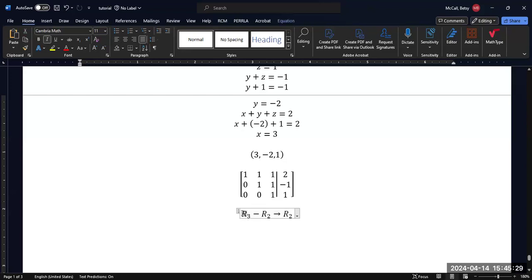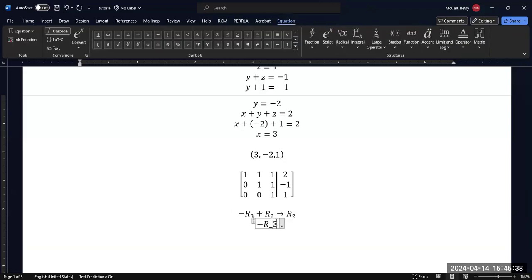I want to do negative row 3 plus row 2 back to row 2, and negative row 3 plus row 1 back to row 1. It's all about the signs, and you want to make sure you're not flipping the signs of your pivots and things like that.